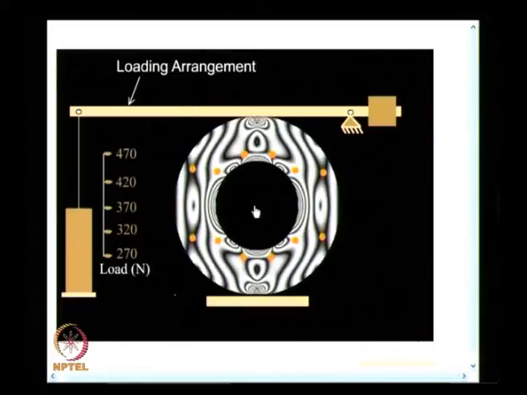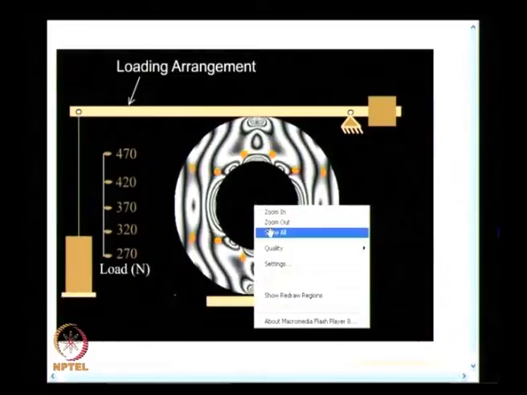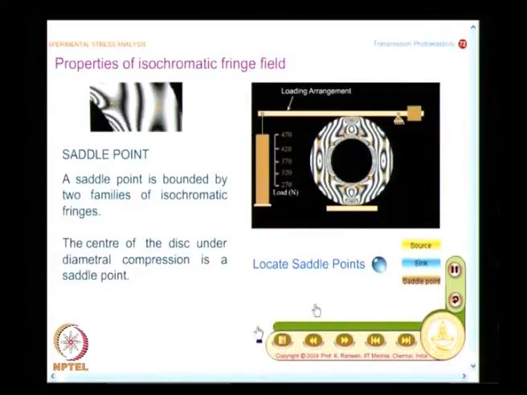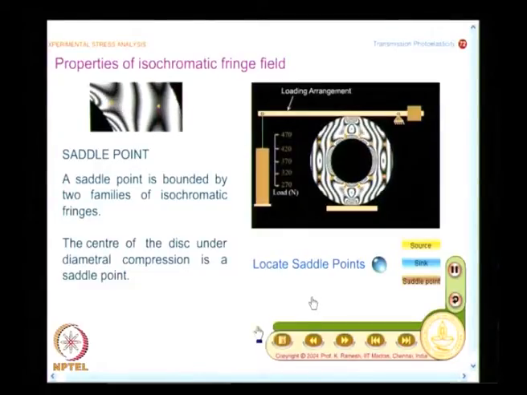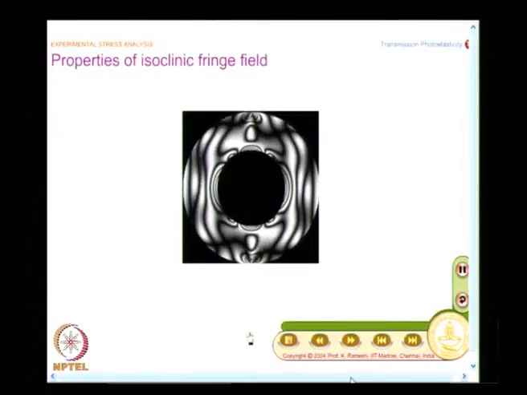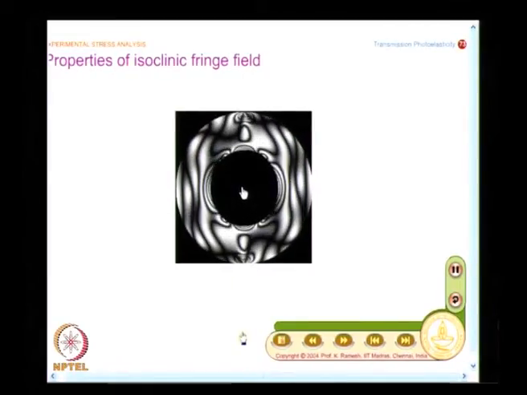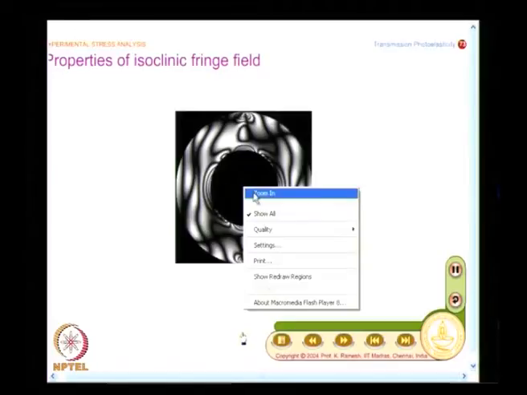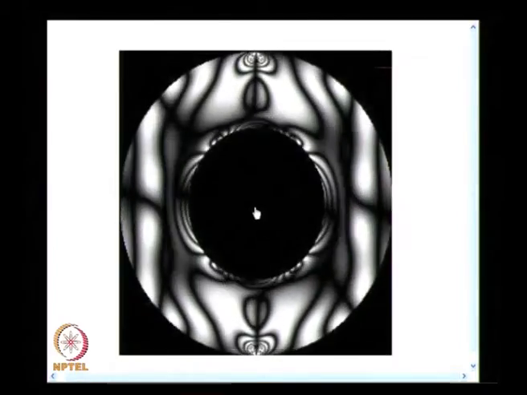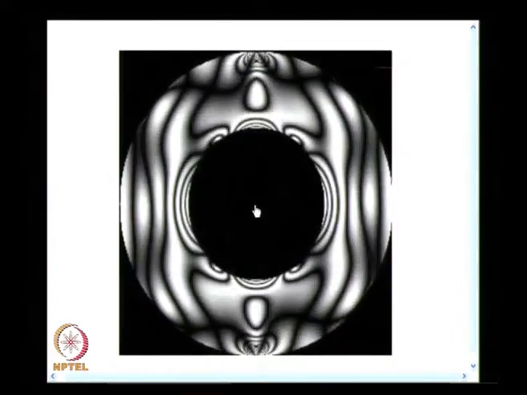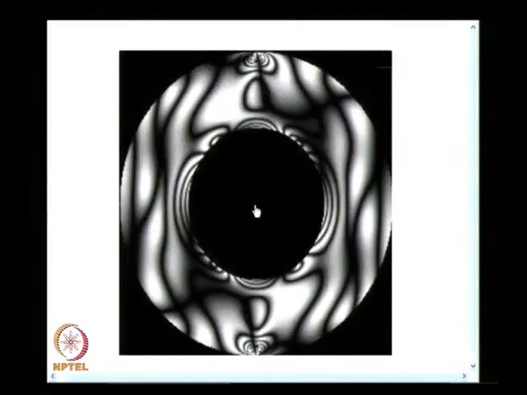So, now we look at what are all the properties of the isoclinic fringe field. And here again I have a nice animation. For a fixed load, you have the polarizers which are kept crossed or rotated. And what I want you to see is, look at the animation, observe.